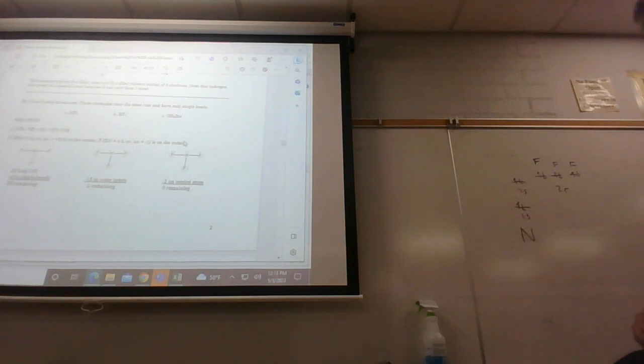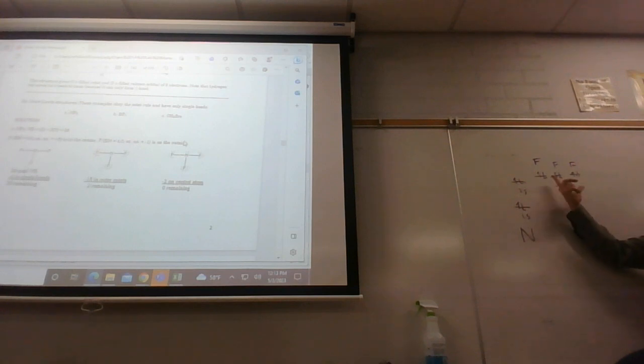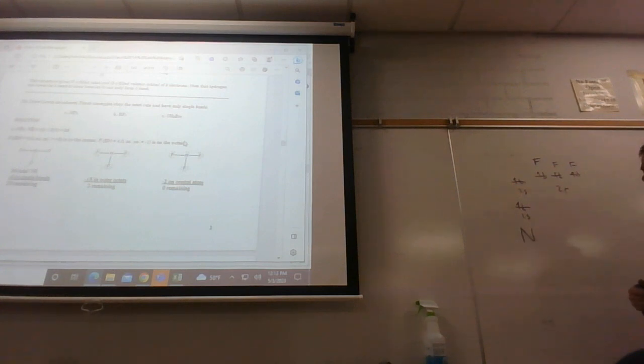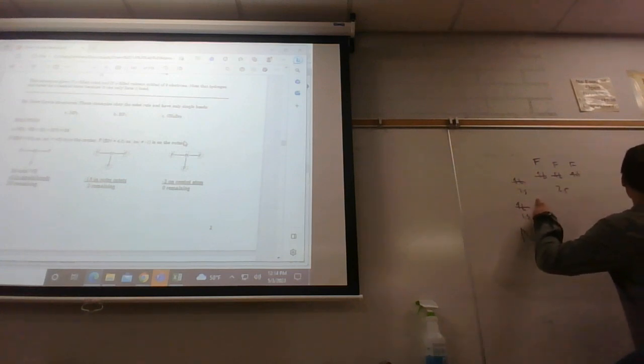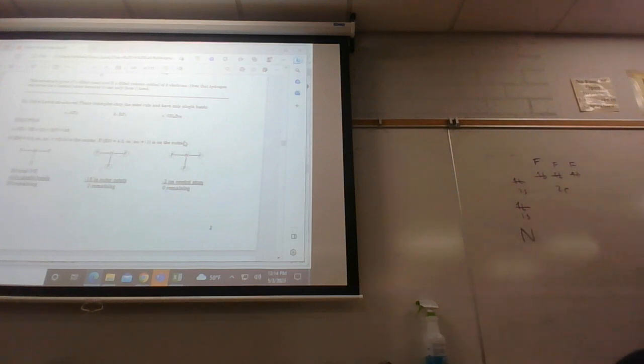But since this is a small atom, if I left these in the P, what would the FNF angle be? 90 degrees. But we know that this is nitrogen trifluoride, do you guys remember VSEPR? Maybe I'm jumping too far ahead, but I want to do everything at once. The angle's not 90 degrees.